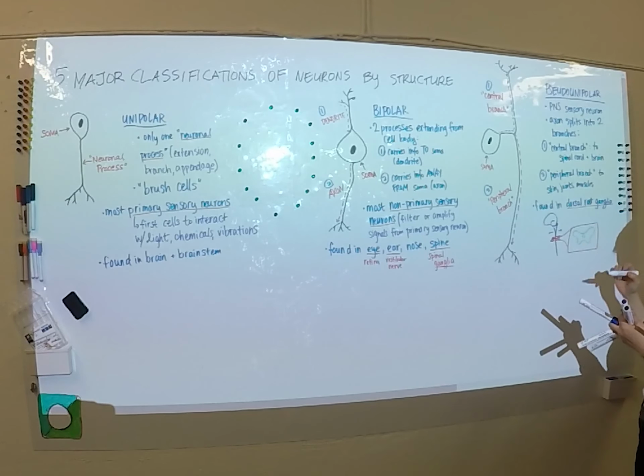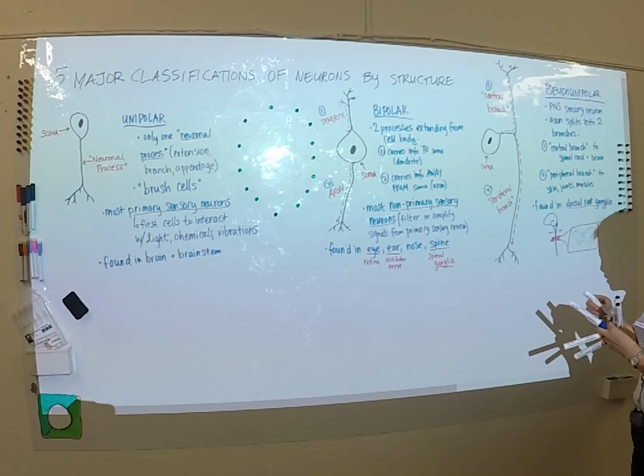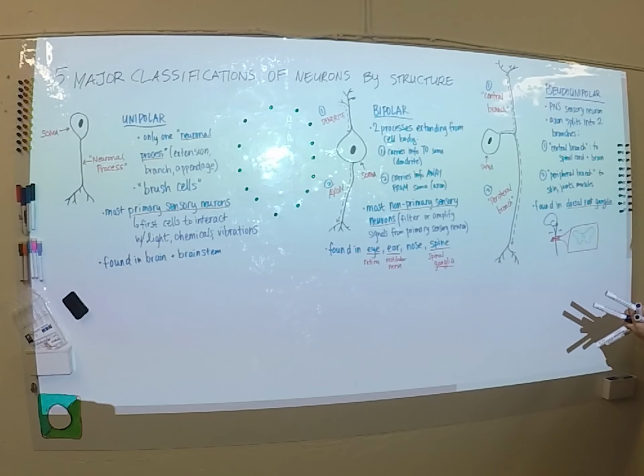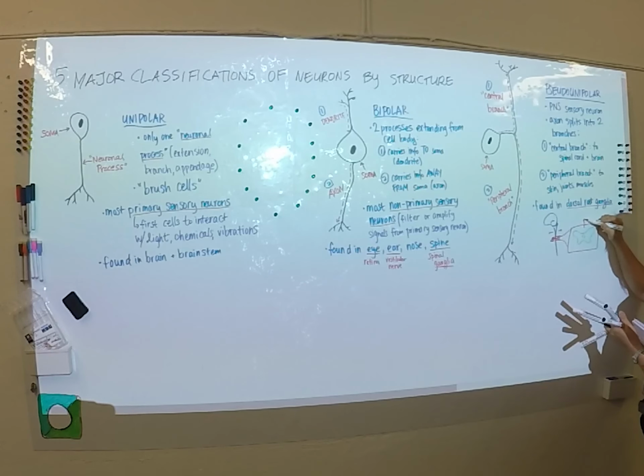So this is the bone, okay, where your spine creates the vertebral column, okay? That's what they look like. And dorsal root ganglia. Okay, so just a reminder of our orientation. This is to the back, and this is to the stomach. Okay?